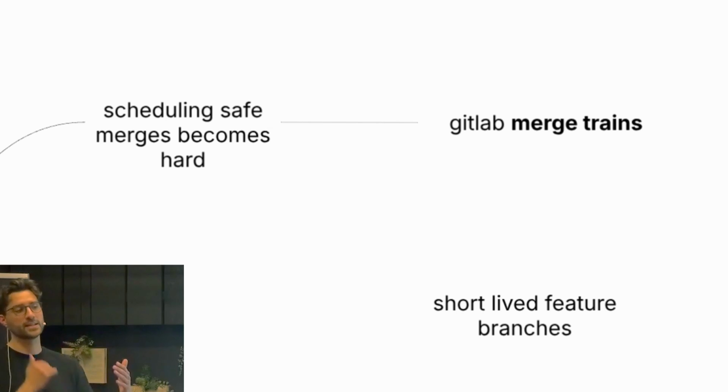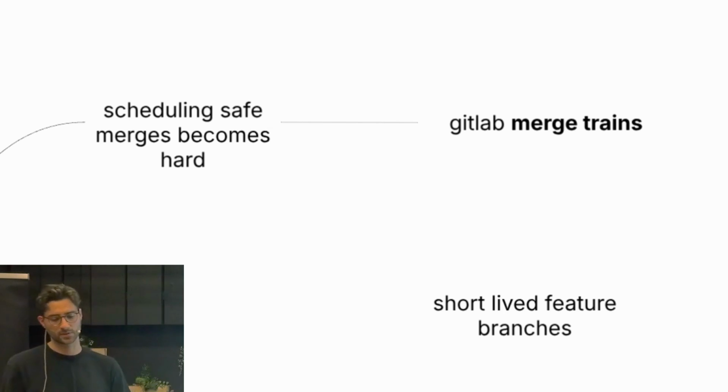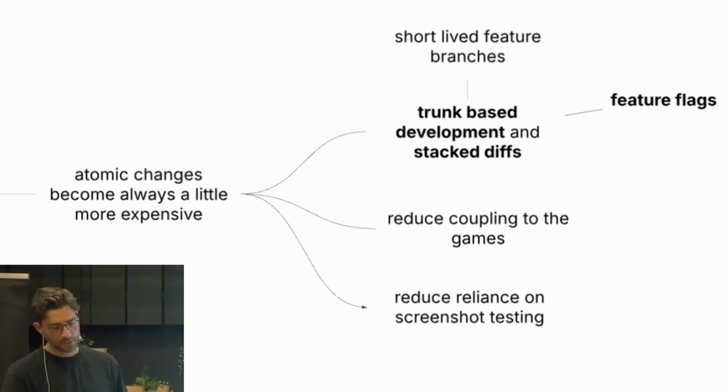So it will revalidate every single merge request together and make sure that as a batch they can be merged. If one causes conflicts, it will be taken out of the queue and you will not be able to merge. So everyone else will merge, but you will not. This is a feature provided by GitLab. There's a similar thing on GitHub, but it has been a success for us.